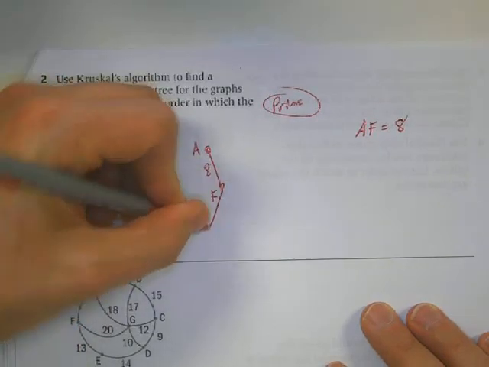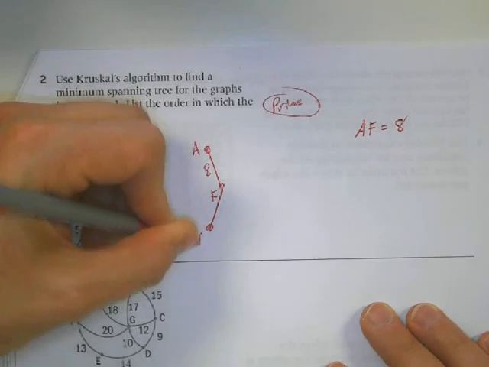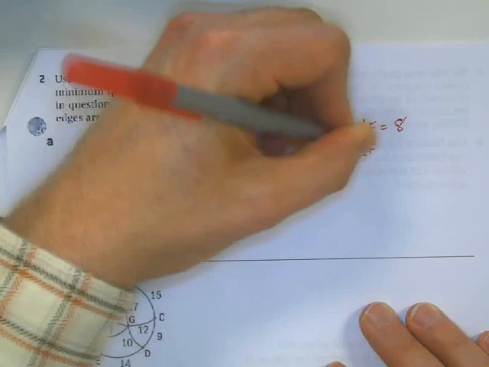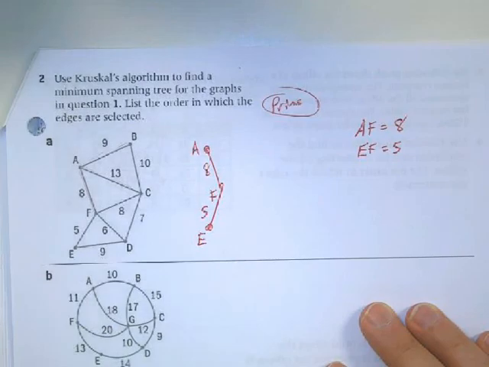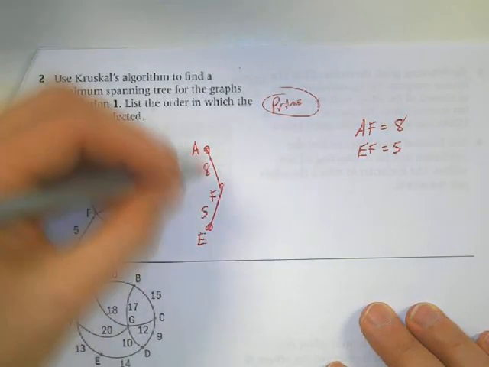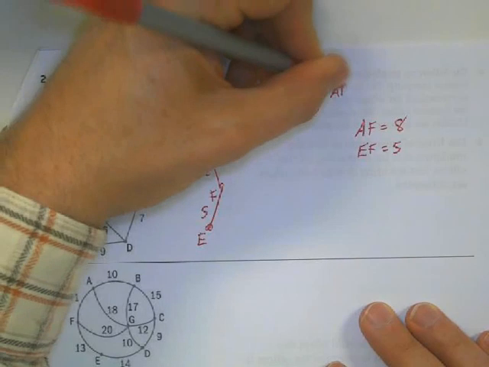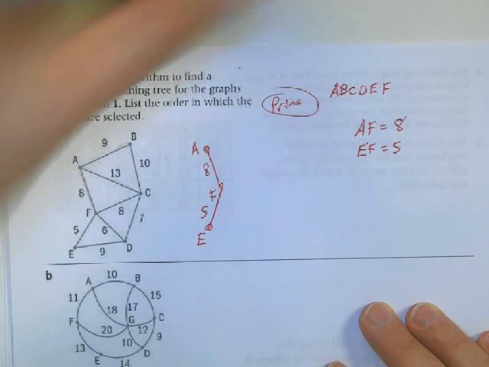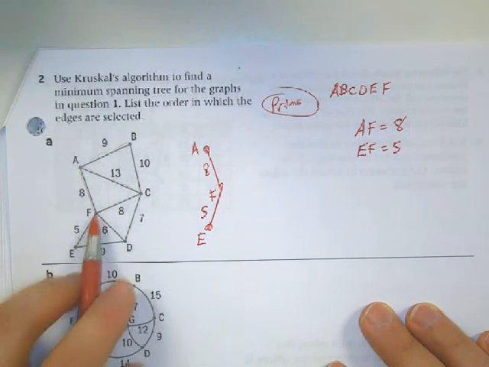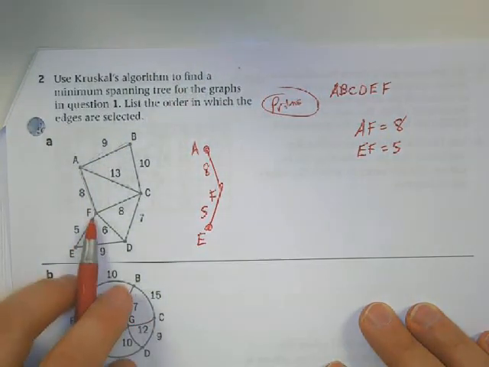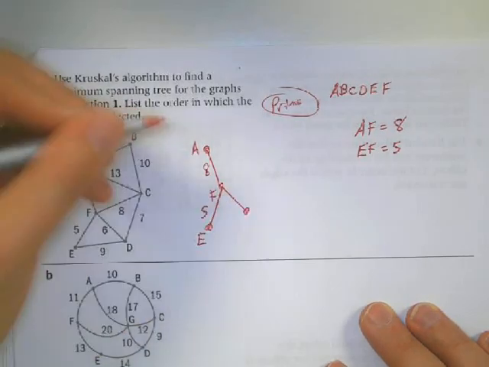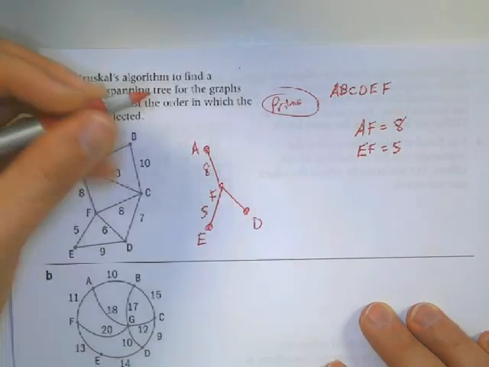So E to F, that's 5. Okay. The next shortest one is going to be from F to D, which is 6.